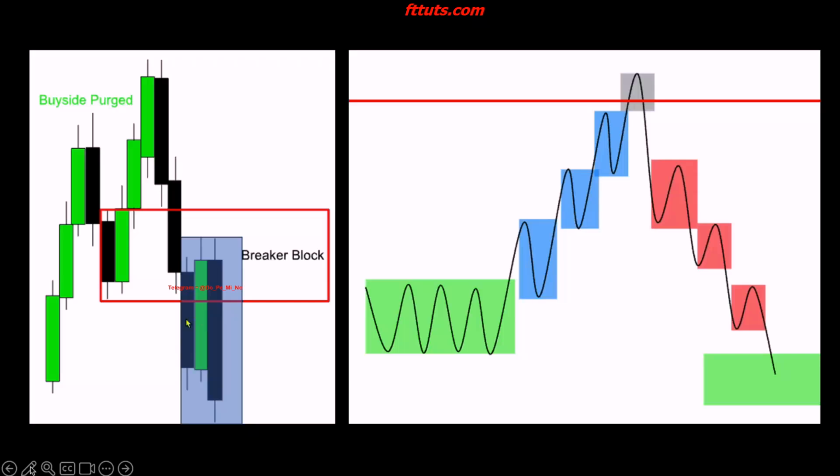So we're going to take a look at the delivery inside of here. The delivery that forms inside of this down close candle, inside of this up close candle, and inside of the next down close candle looks like the following on a lower time frame. We see an original consolidation, which gets formed here. Then the buy side of the curve unfolds into our bearish breaker price level, or into the bearish breaker low.